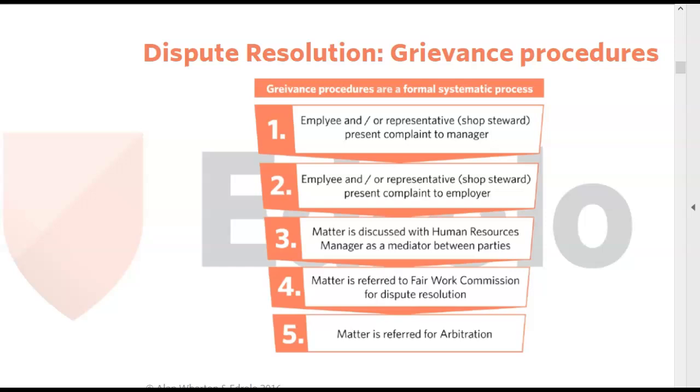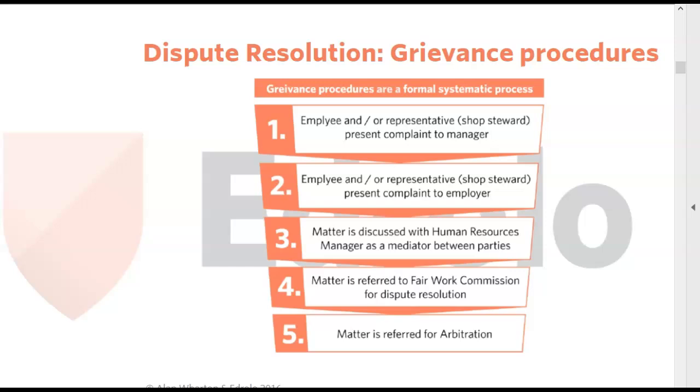If step two is unsuccessful, you move to step three. The matter is discussed with the human resource manager as a mediator between the parties. Step four, the matter is referred to the Fair Work Commission if that previous step was unsuccessful.